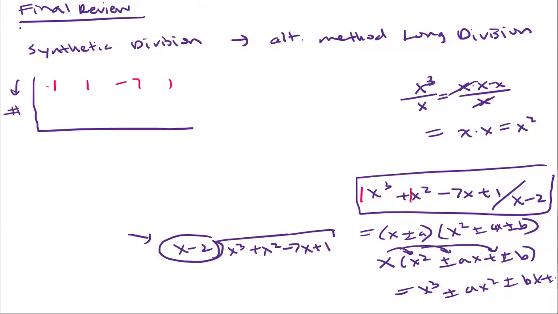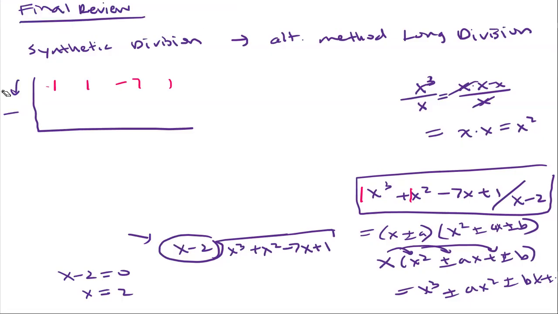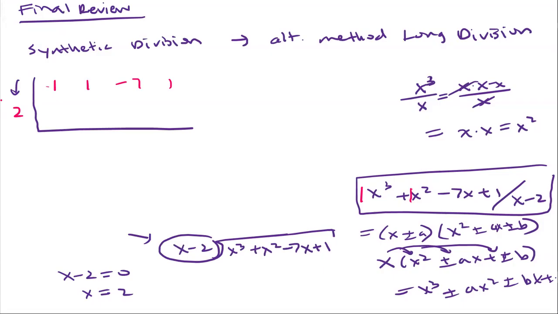I'm just telling you that the next step, after we list our coefficients, is to take this x minus 2, set it equal to 0, and solve. That gives us 2. That's the number we place here on the left side of this diagram. So this will be 2.